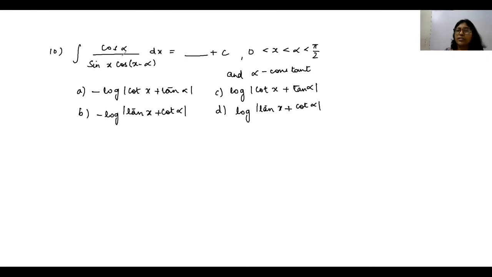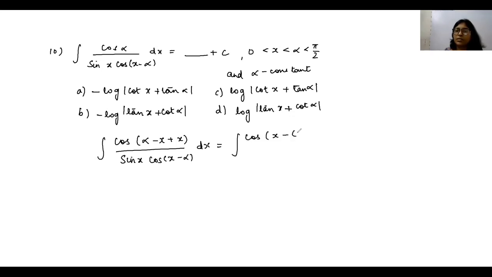In 2019 also we had a similar question. Now because we have x minus alpha here, we will adjust the numerator as alpha minus x plus x. Let's subtract and add x. So this becomes cos of x minus alpha, rearranging the terms.